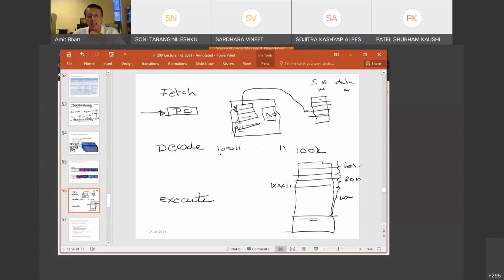Now the fetch stage doesn't know what these ones and zeros mean. It just says, my job is just to go to the memory location which is given by my program counter, get whatever ones and zeros are there, bring it and pass it on to the next stage, which is decode. Now decode is the one which would try to make sense of this instruction.